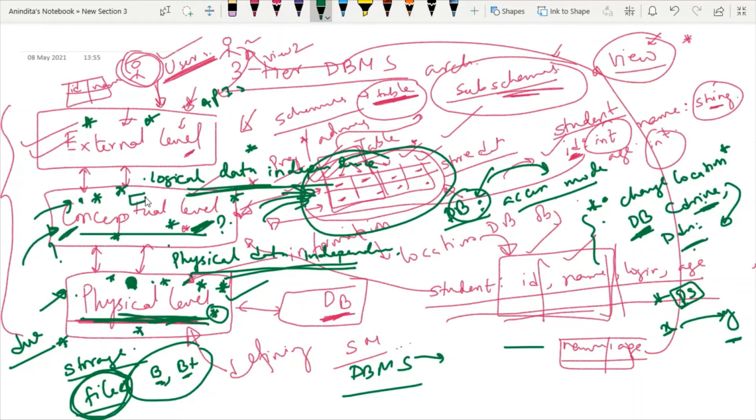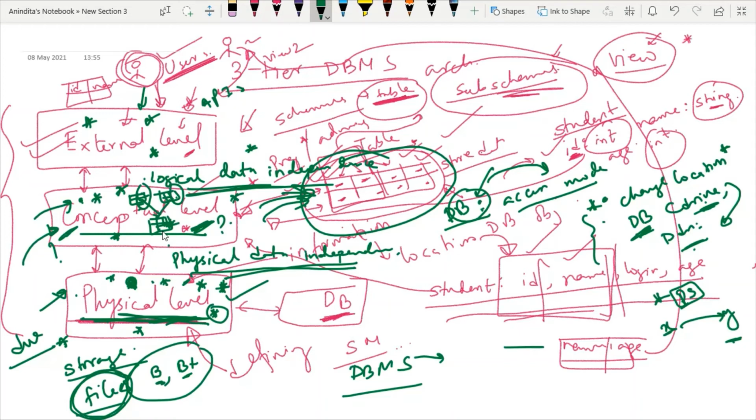Say here we have two tables in the conceptual level. We know that the conceptual level deals with table structures or schemas. Now if I merge these two tables into one table, I am changing the configuration of the tables. Merging two tables will not affect the external level, because the external level is responsible for fetching some of the information from these tables.